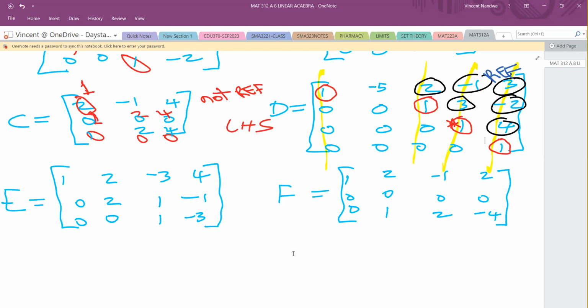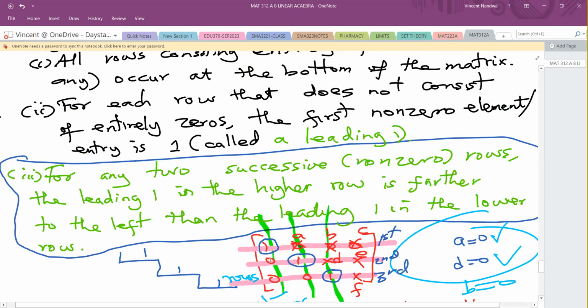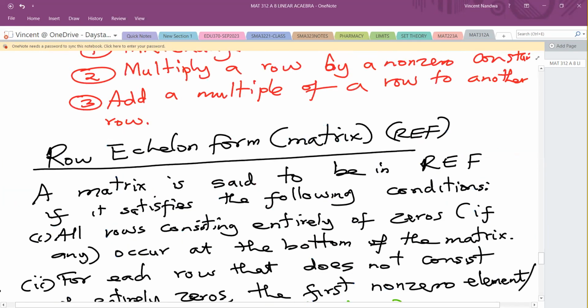Remember, please, come again. Note that when we were explaining about rows of zeros, we said all rows consisting entirely of zeros, if any. It is not a condition that they must be there. It means that if there exists a row that has all its elements as zeros, then it should be at the bottom, but it is not a condition that every row echelon form matrix must have rows of zeros.